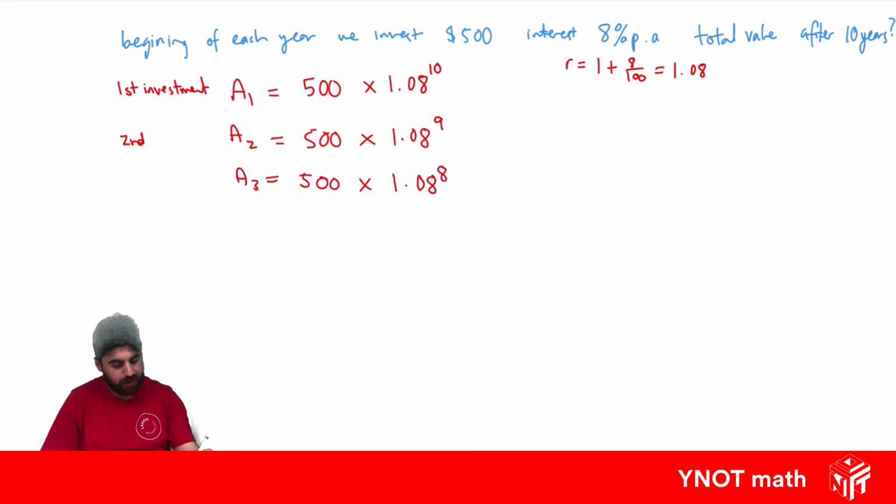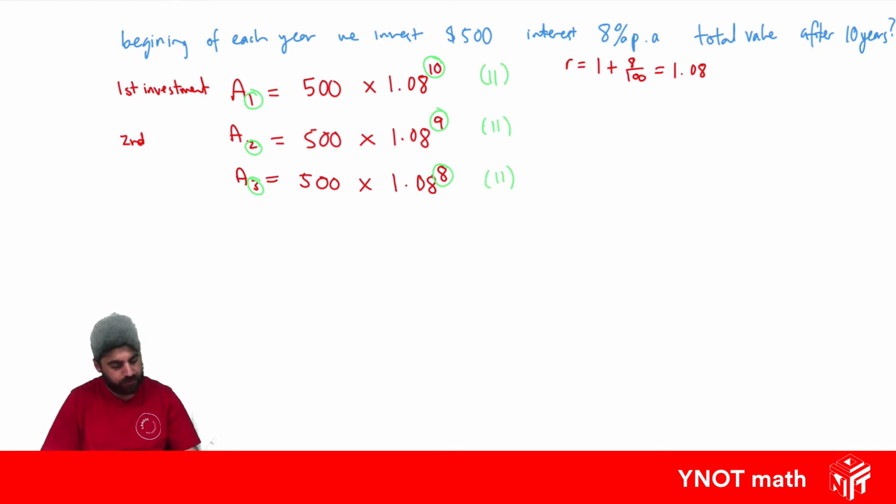And hopefully you can see a pattern now that when we have our first investment that's earning interest for 10 years, our second for 9 years, our third for 8 years, so these actually always add up to 11.